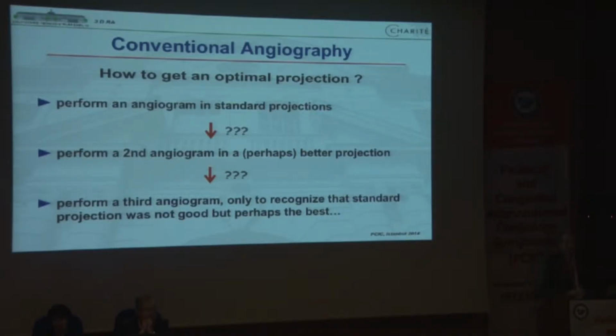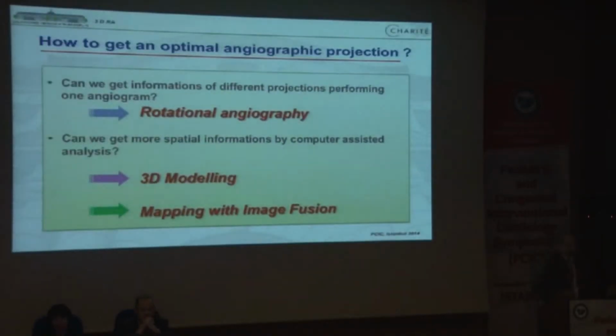To avoid this, you are always in touch with the question: can we get information of different projections by performing just one angiogram? That is the basis for the need and the use of rotational angiography.